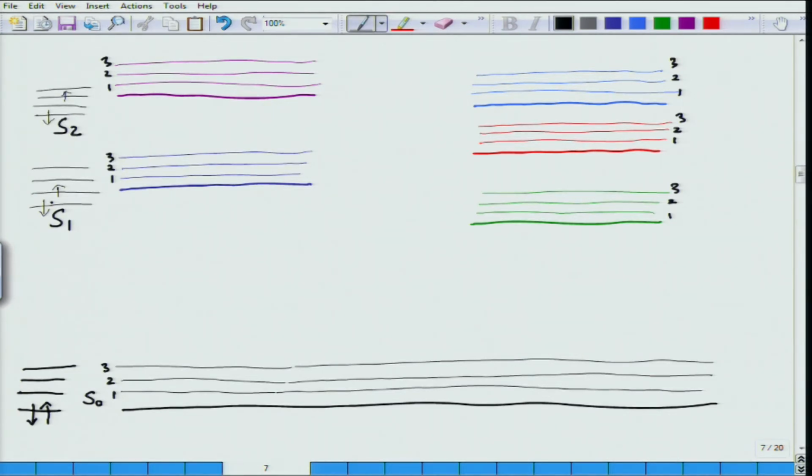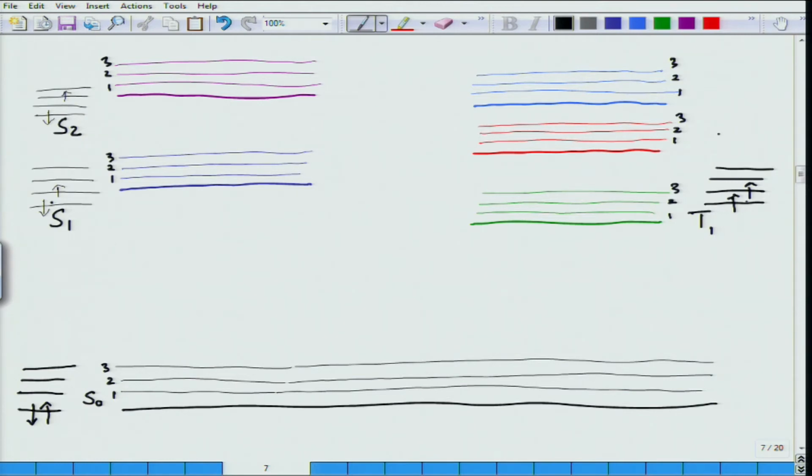Then there is possibility of having the molecule in the triplet state. So, the first excited triplet state is going to be in which, this would be the first excited triplet state of the molecule.